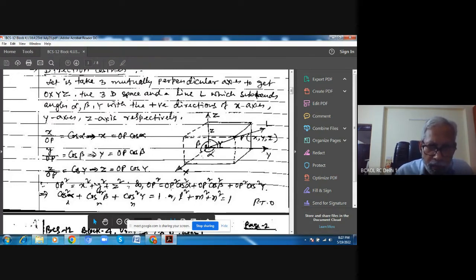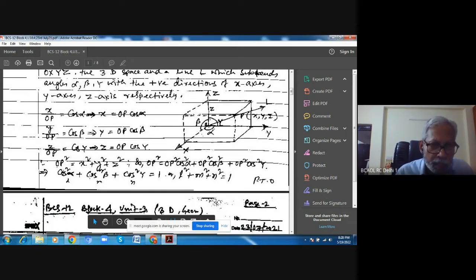So considering this, in this case x is equal to OP cos square. So we are pointing out the x values are changing. So OP square remains the same, no changes. But in case of x, y, z, you have to put a new value of x, y, z, and you are getting another equation.